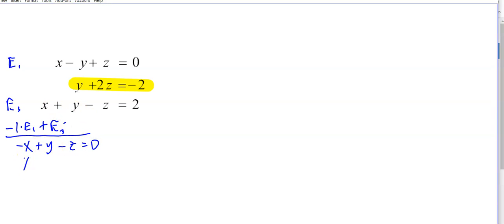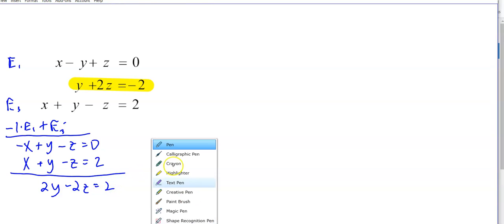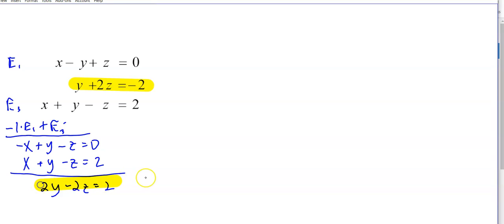And then E3 would be X plus Y minus Z equals 2. Okay, if I add those, I get 2Y minus 2Z equals 2. Okay, so I have my second equation here.